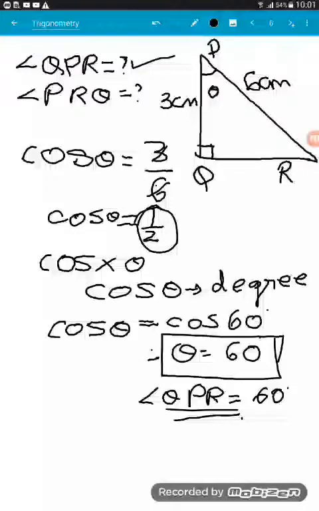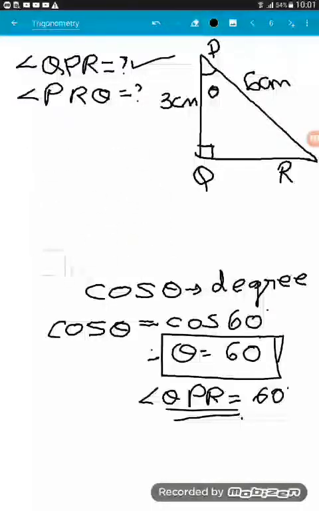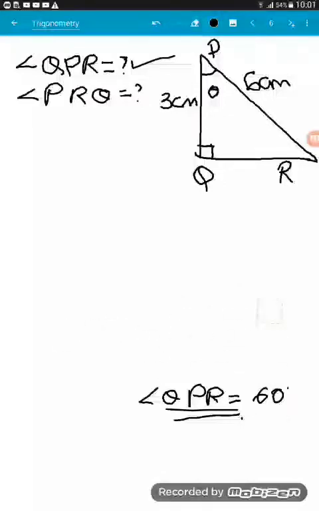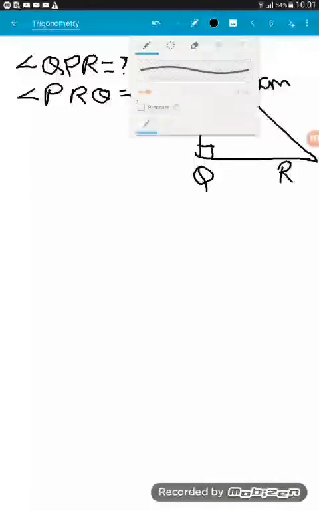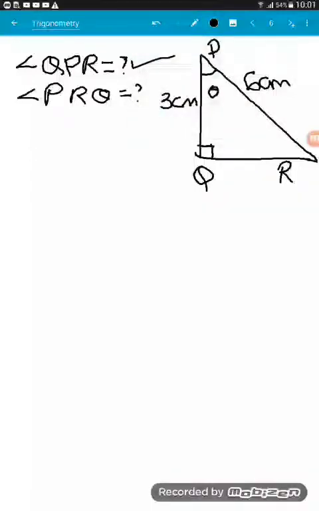Now we will check our answer. Angle QPR equal to 60 degree. Now we will find angle PRQ. So we found theta as 60 degree.